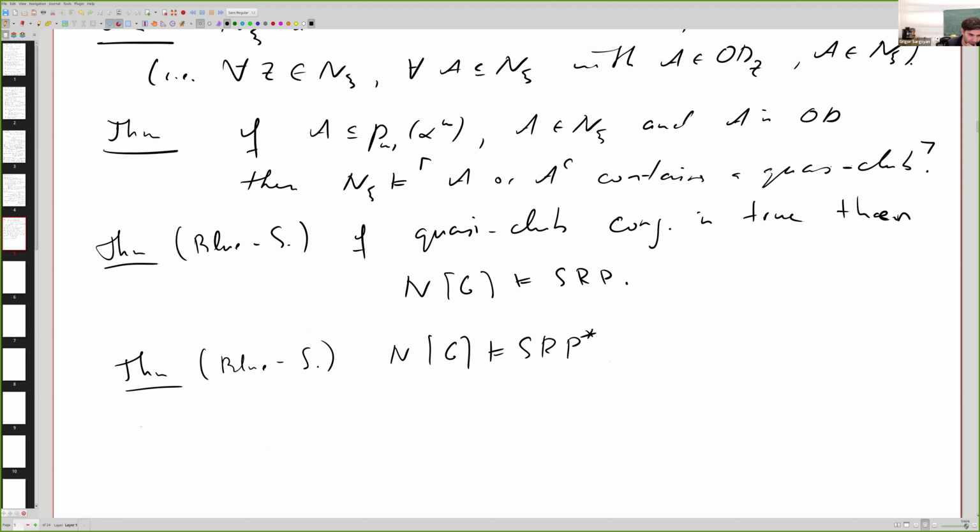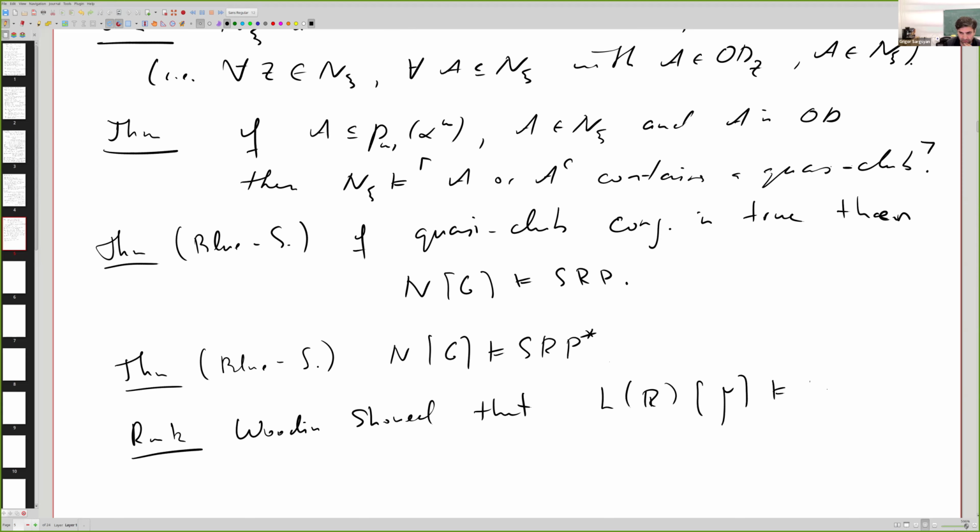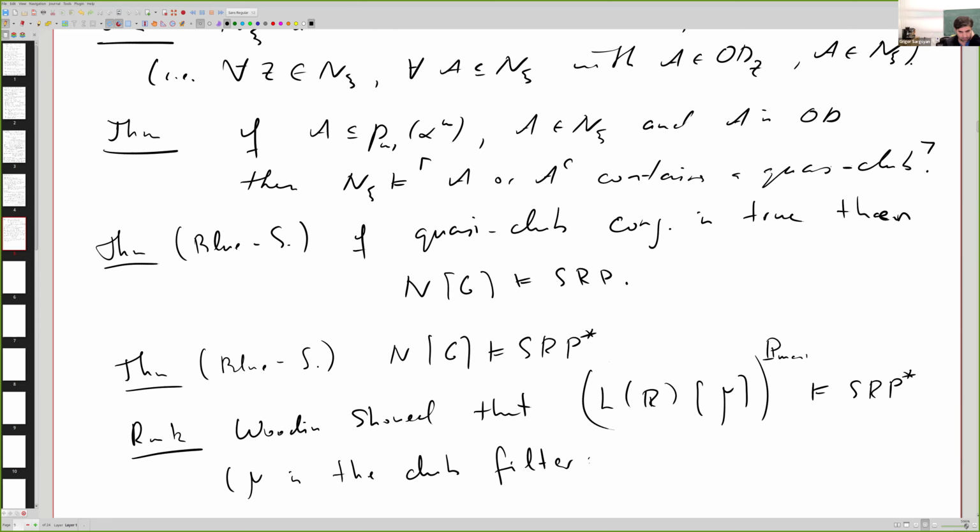I mean, you have a remark. Woodin showed that L(R)[mu][G], and mu is the countable... on P omega 1 of R. So you take the club filter, you construct from it.